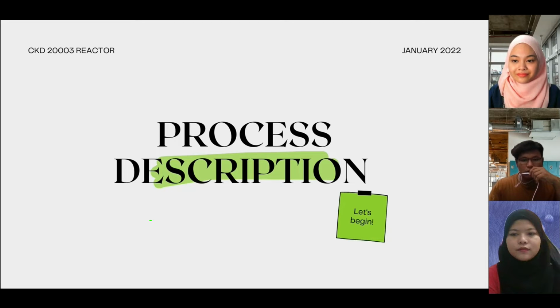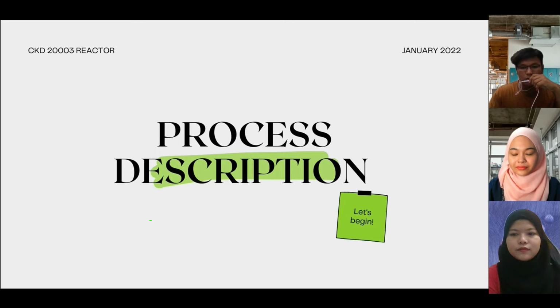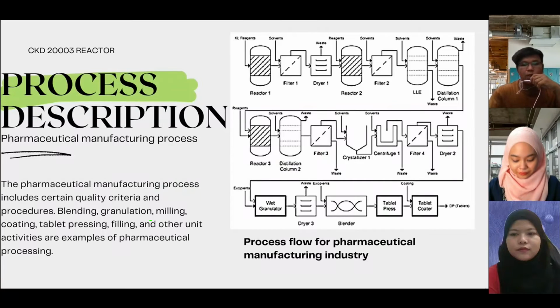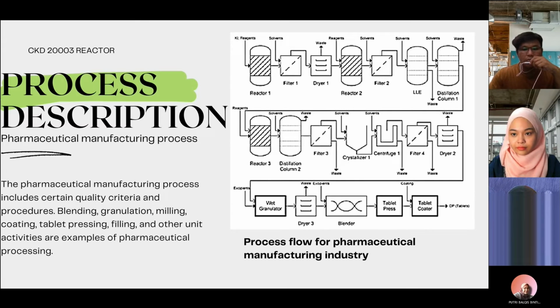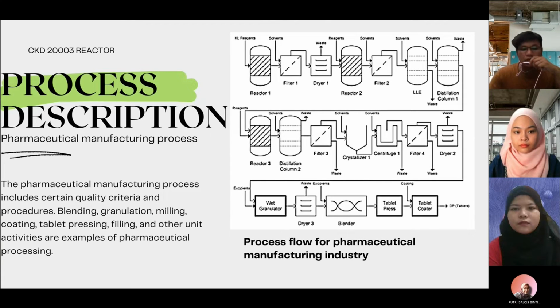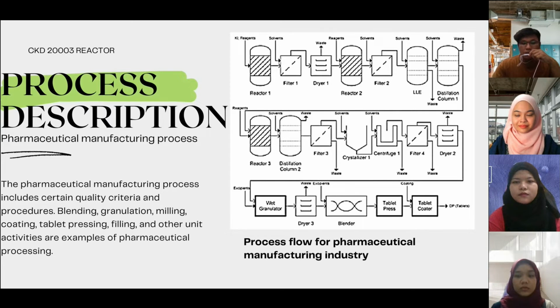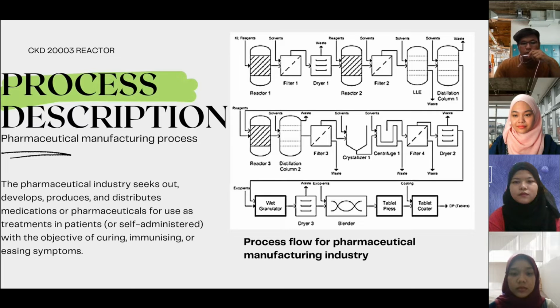Assalamualaikum warahmatullahi wabarakatuh. Now I will present to you about the process description. On our right slide, this is our process flow diagram for the pharmaceutical manufacturing industry. The pharmaceutical manufacturing process includes certain quality criteria and procedures, such as blending, granulation, milling, coating, tablet pressing, and filling, and other unit activities are examples of pharmaceutical processing.